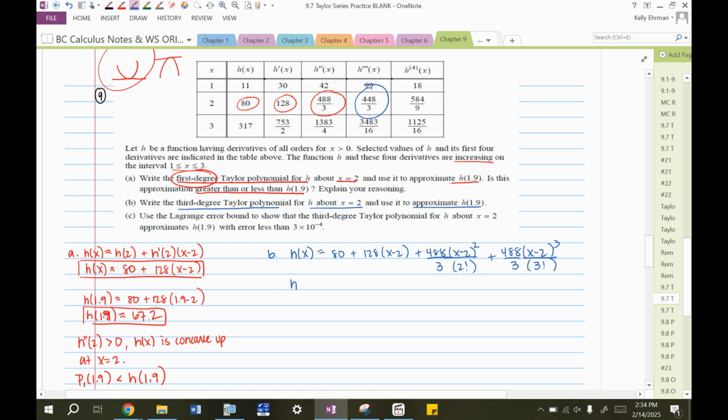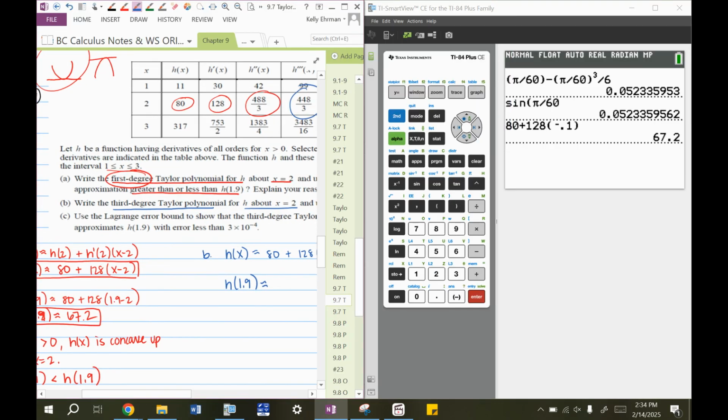And then use that. We're definitely allowed to use a calculator. Use that to approximate h of 1.9.